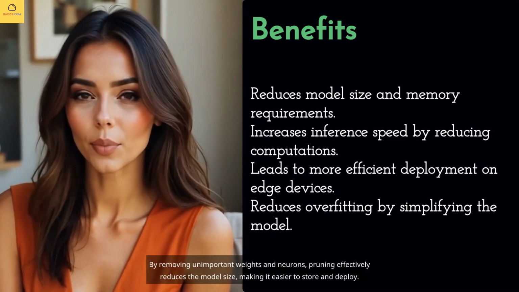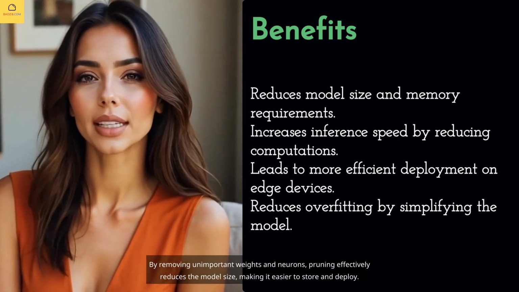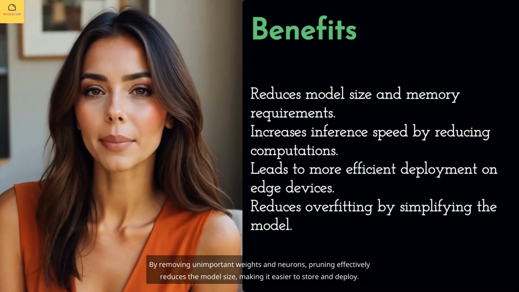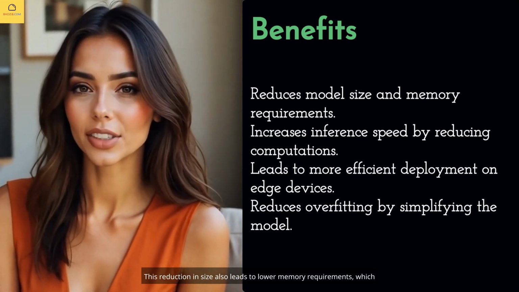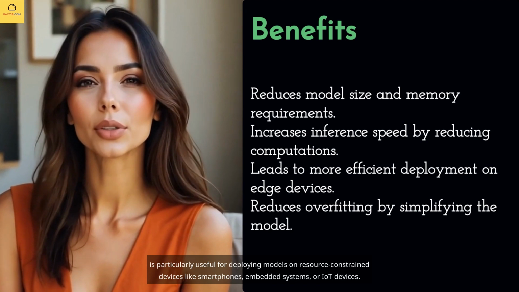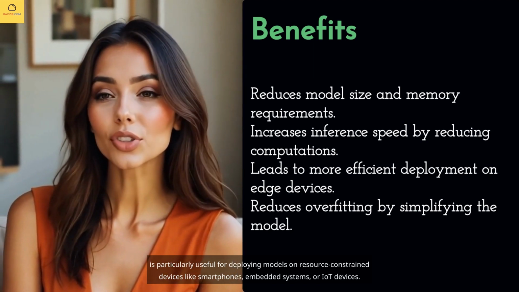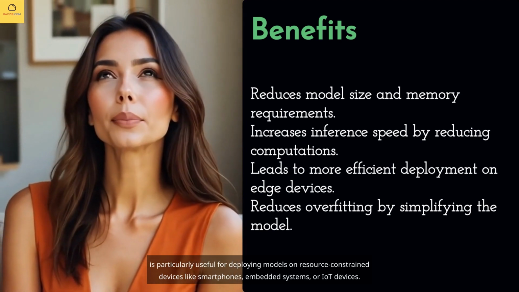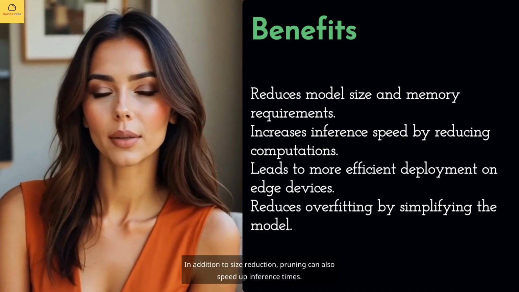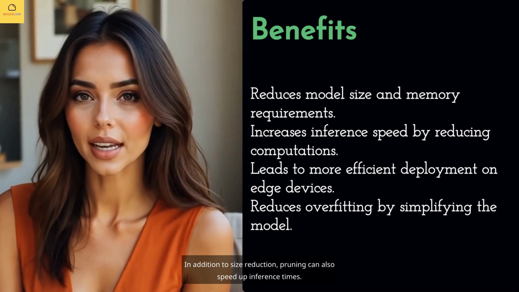By removing unimportant weights and neurons, pruning effectively reduces the model size, making it easier to store and deploy. This reduction in size also leads to lower memory requirements, which is particularly useful for deploying models on resource-constrained devices like smartphones, embedded systems, or IoT devices. In addition to size reduction, pruning can also speed up inference times.